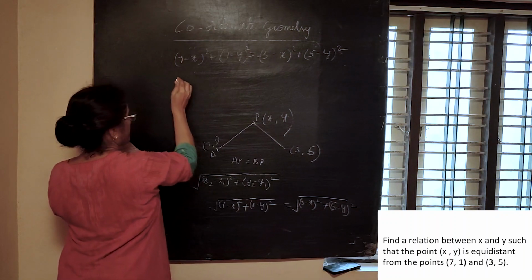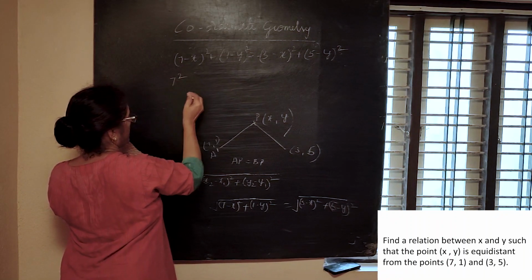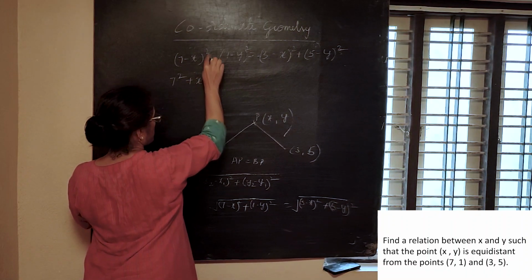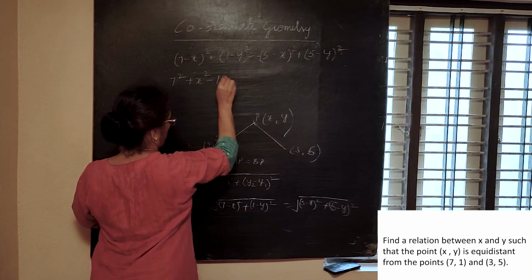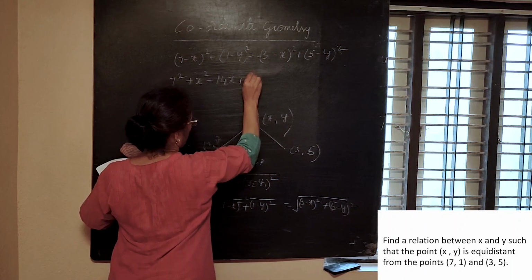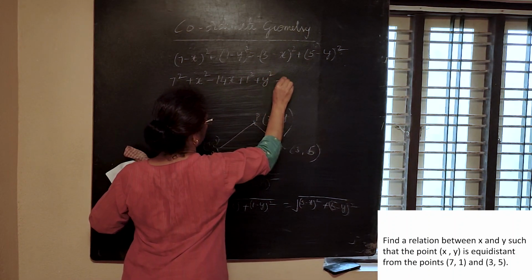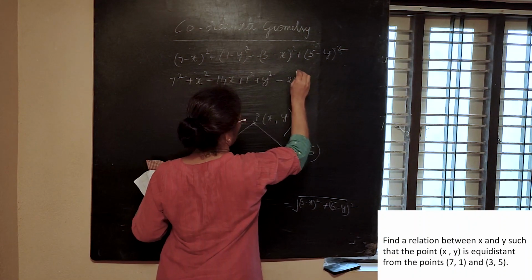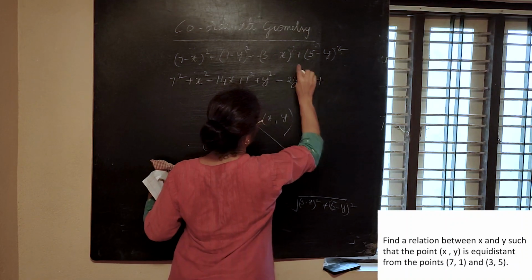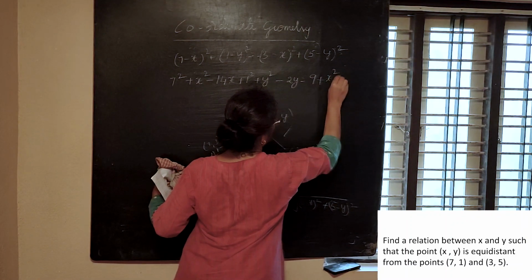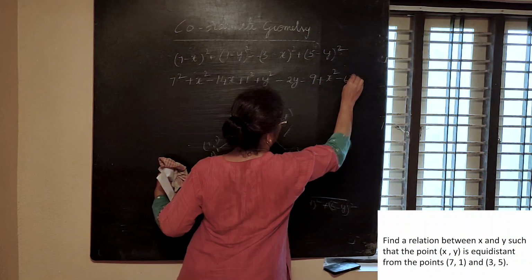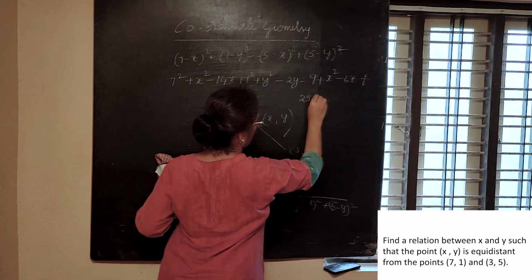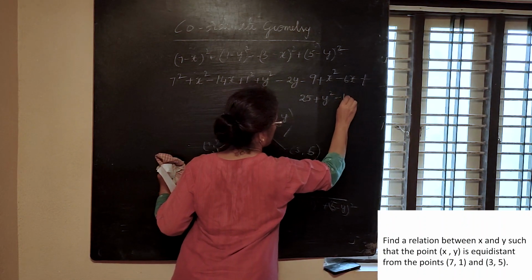So what do you get? 7 square plus x square minus 2 into 7 into x, which is minus 14x, plus 1 square plus y square minus 2 into 1 into y, which is minus 2y, is equal to 3 square, 9, plus x square minus 2 threes are 6x, plus 25 plus y square minus 10y.